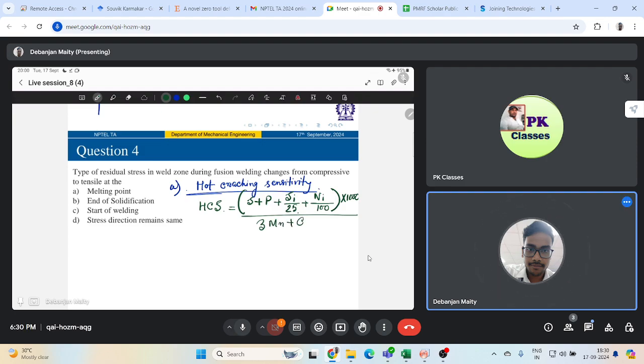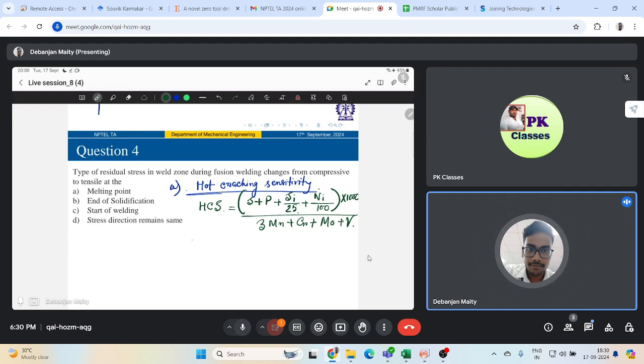3 manganese plus chromium plus molybdenum plus vanadium. So what they had mentioned is, if hot cracking sensitivity is less than 4, the steel material is not sensitive to hot cracking.